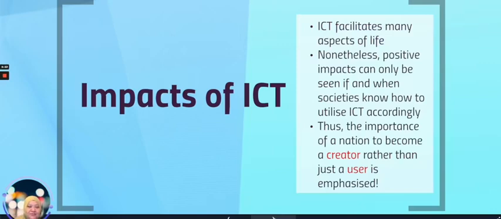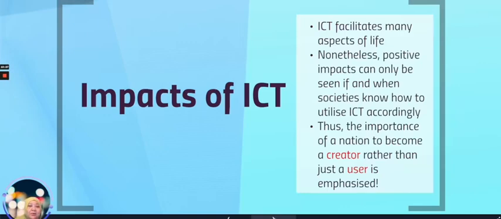However, positive impacts can only be seen if and when societies know how to utilize ICT accordingly. As I said, if you use your social media to spread good things, to share, for example, hadith, or to share good vibes, to share motivational quotes, then the impact is positive.